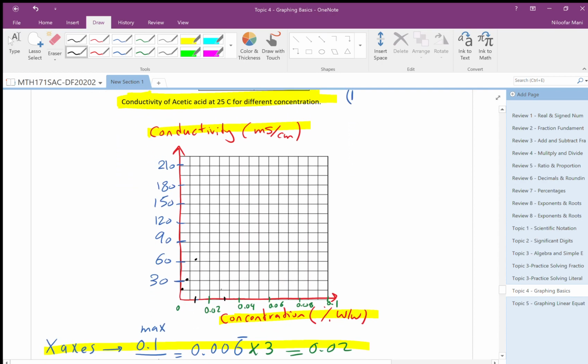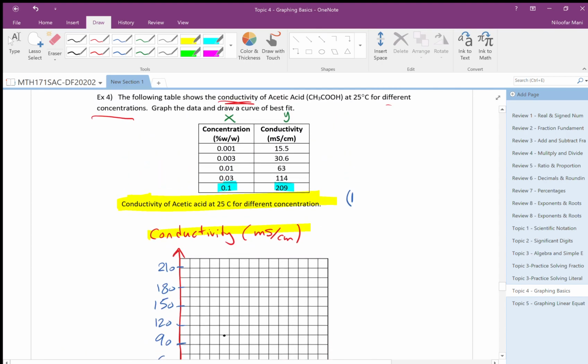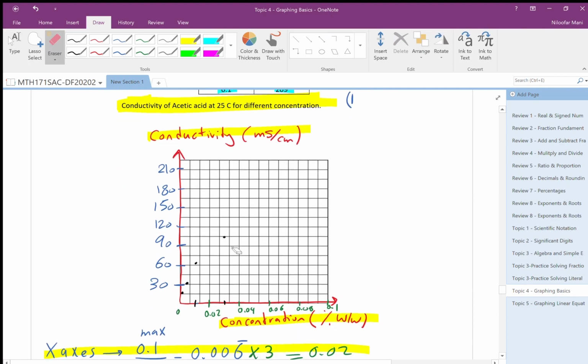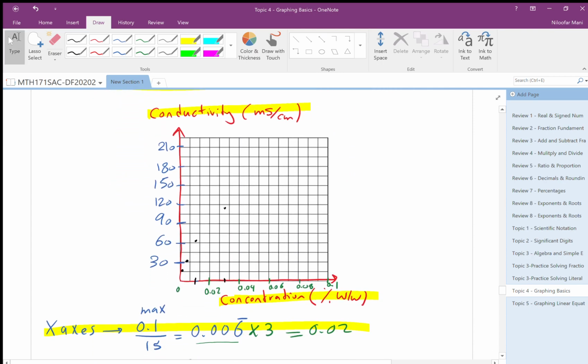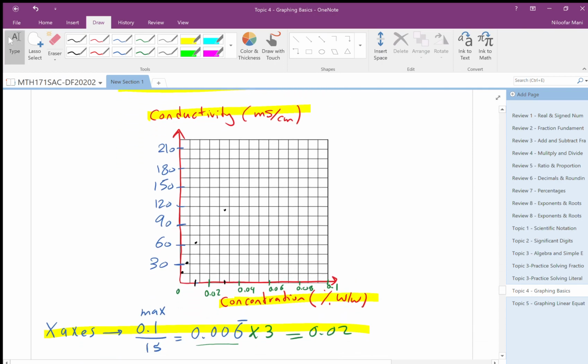So I do reach to here, and then I reach to 105 almost. So that's here maybe. I said 105, and then it must be close to here. Because it's 114, and then I have 0.1 and 0.1, and that's 209, so close to 210, so it's here.